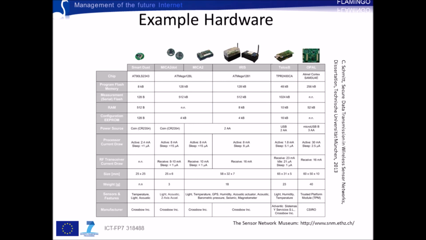This table gives you an example of hardware which is usually used in university research. Here you have sensor nodes going from coin-sized to matchbox sizes. As you can see, we are speaking of limited memory resources, going from 8 kilobytes up to 512 kilobytes.